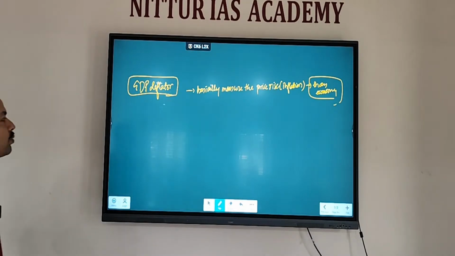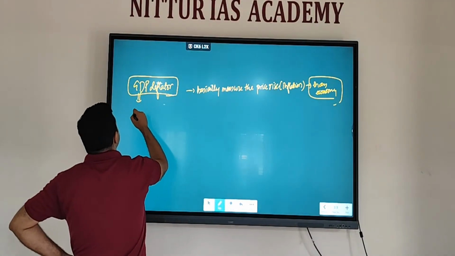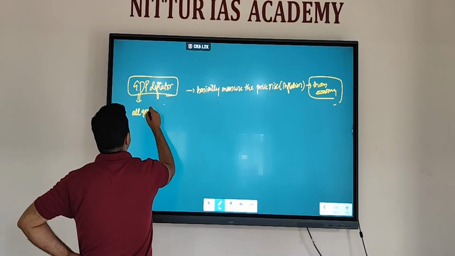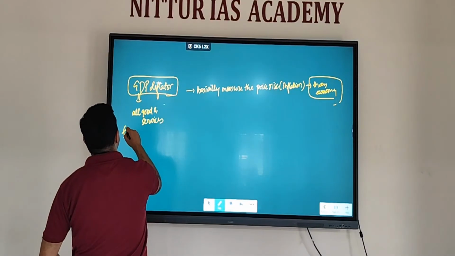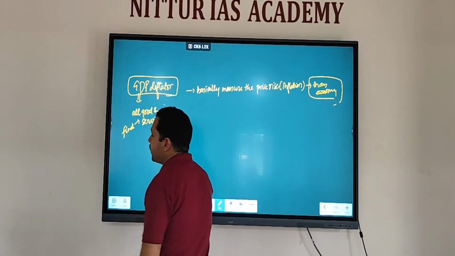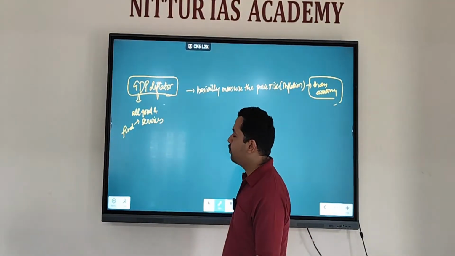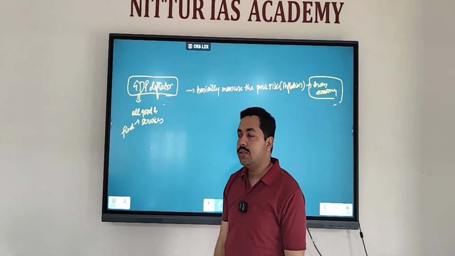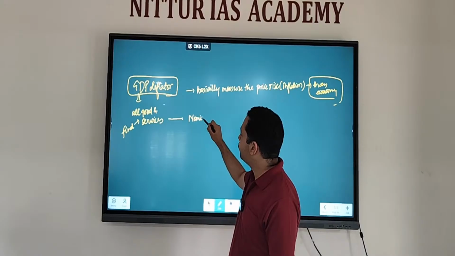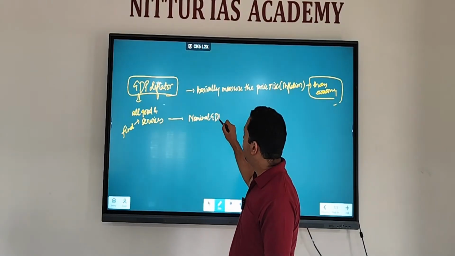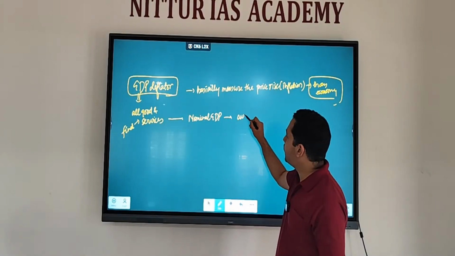GDP measures all final goods and services that are produced in an economy. Now, as we discussed, nominal GDP is measured at which price?